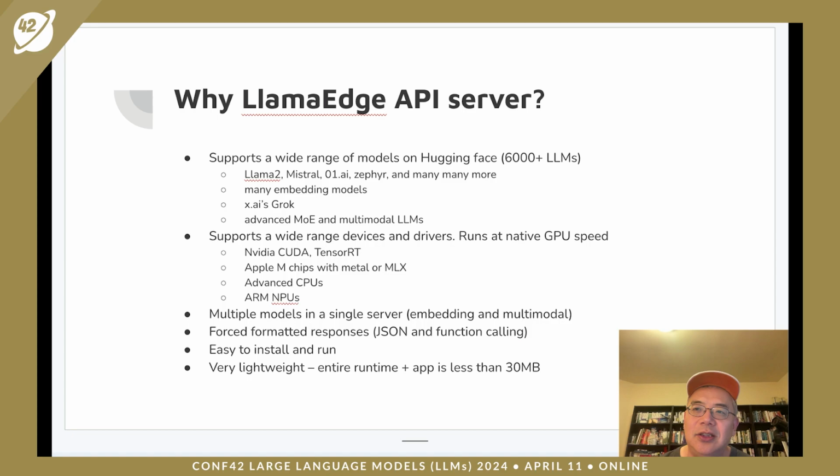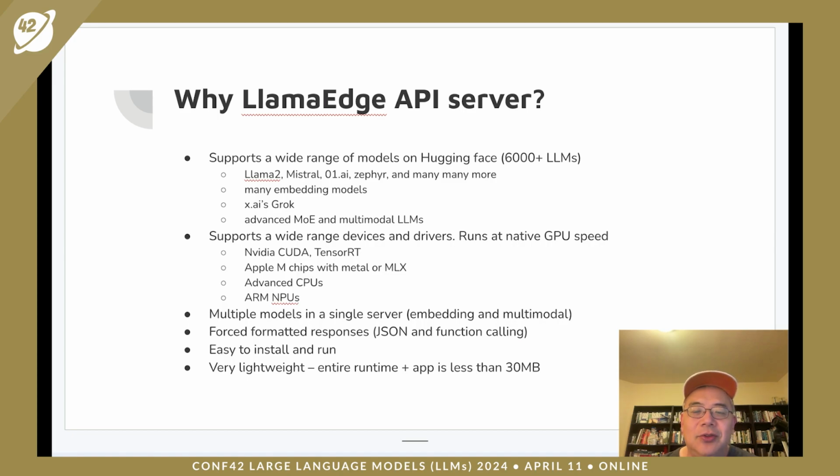And it's not just the base models and chat models, but also embedding models, which are essential and very important for running sophisticated applications, as we are seeing, like RAG applications. It even supports larger models like X.AI's Grok model, which is, I think, 314 billion parameters, and it requires top of the line hardware, say a Mac Studio or two H100 graphic cards to run, but they can run using llamaedge.